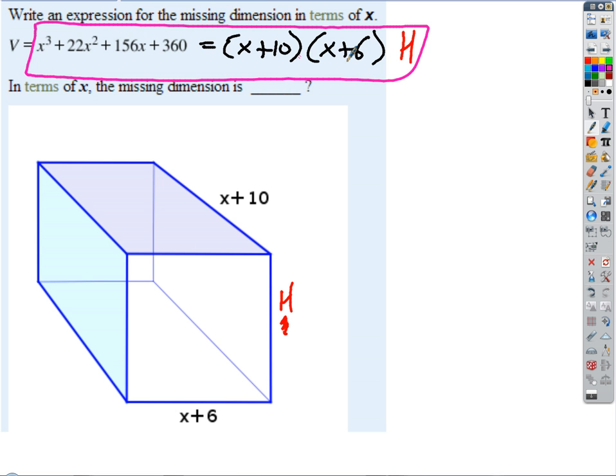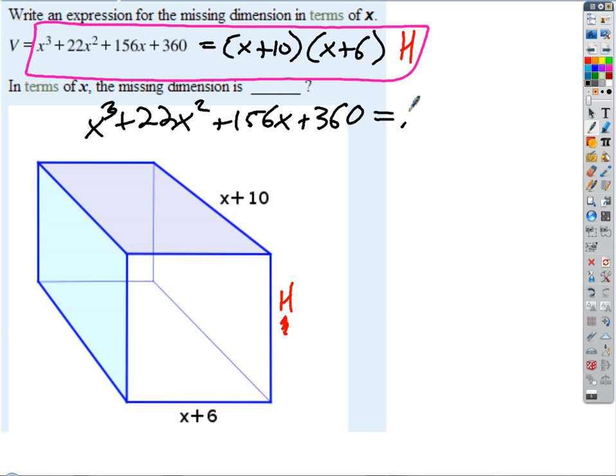If I FOIL those out, I get x cubed plus 22x squared plus 156x plus 360. If I FOIL those out, I just get what? X squared plus 6x plus 10x is plus 16x plus 60, all times h. And the advantage is, how many times do I have to divide now? One time, right? Okay, what's the disadvantage?